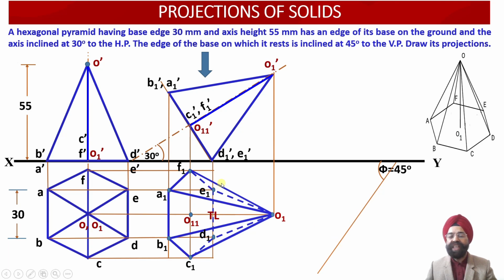Now how are we going to carry out this transformation or rotation? It will be carried out using the simple fundamental of transformation of rectilinear distances. We can see this hexagonal base is inscribed by a rectangular construction.